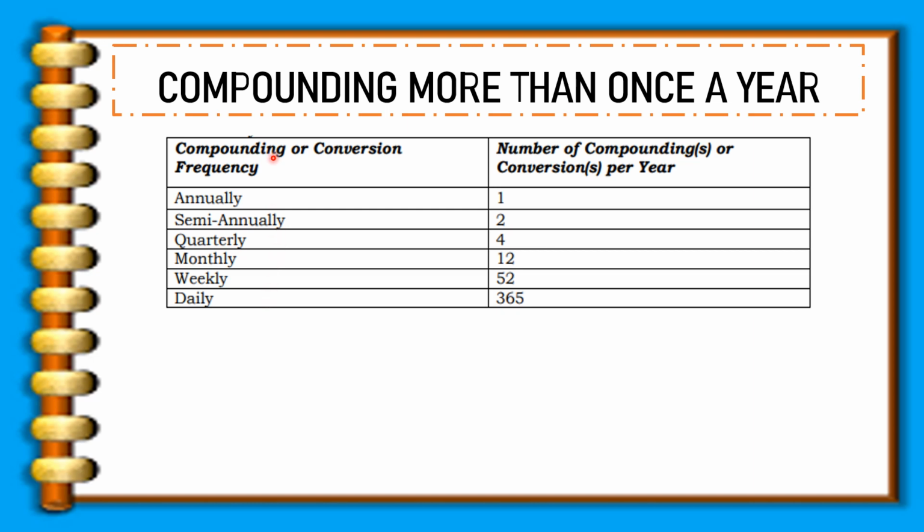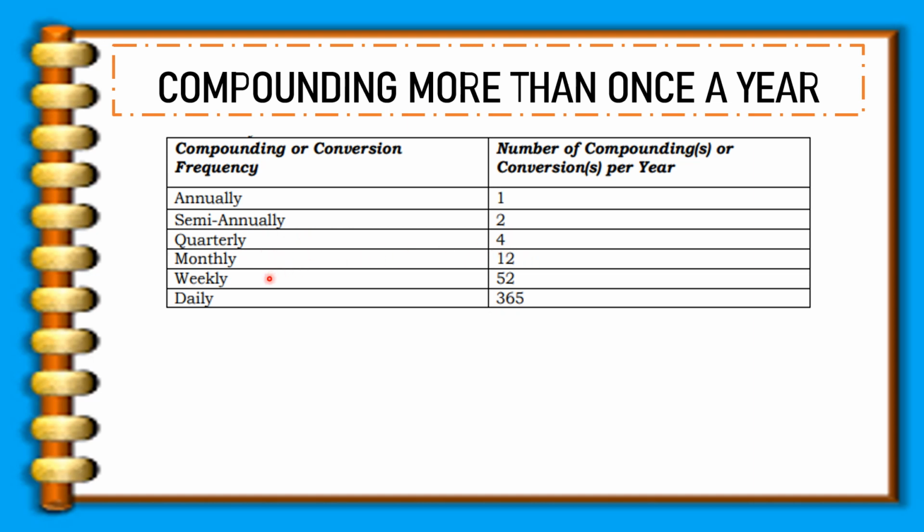And when we say compounding or conversion frequency, it is the number of compounding periods that take place a year. When we say annually, once. The number of compounding or conversion per year happens once. Semi-annually, twice. Quarterly, 4 times.